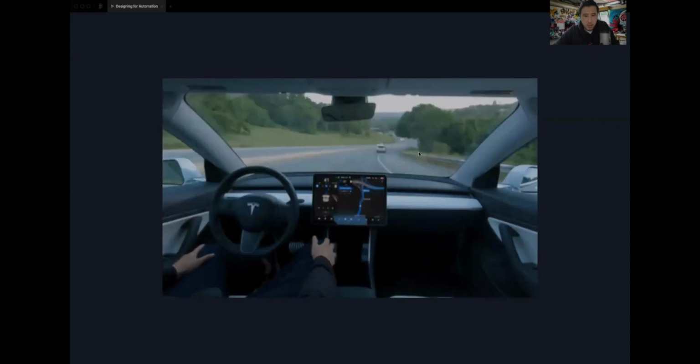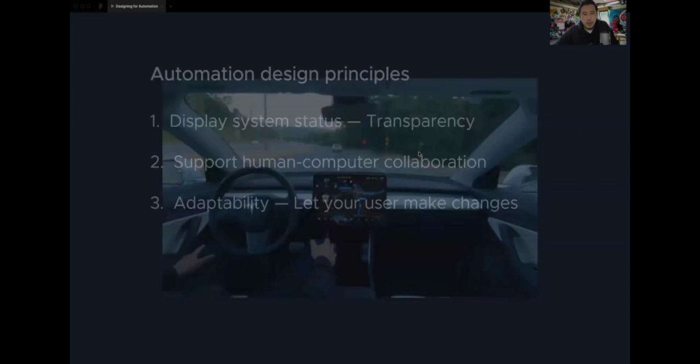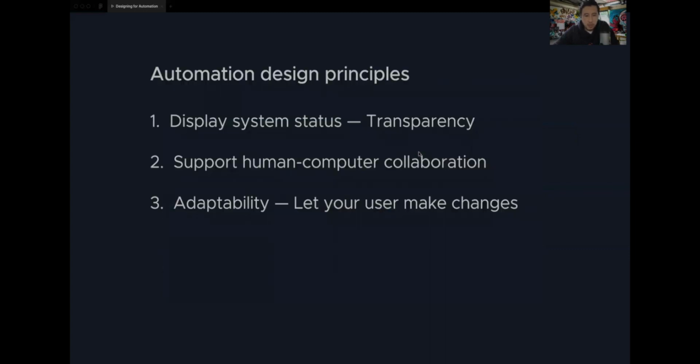That's why we always should allow users to continue and complete their tasks. So these were automation design principles. While automating processes, we always should keep in mind these three principles.